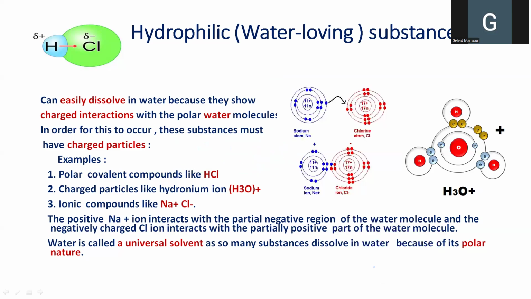For example, if we look here at the sodium chloride molecule, it consists primarily of a neutral sodium atom and a neutral chlorine atom.